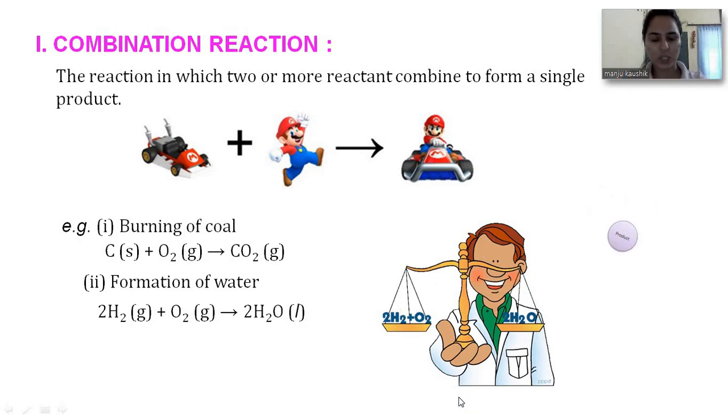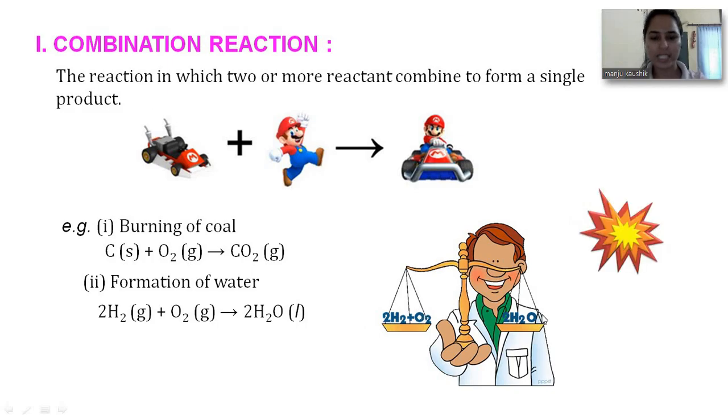See, in the last lecture also, I have told you that the reactants and the products should be balanced. The mass is always conserved. The number of atoms in the reactants should be equal to the number of atoms in the product. Okay students.